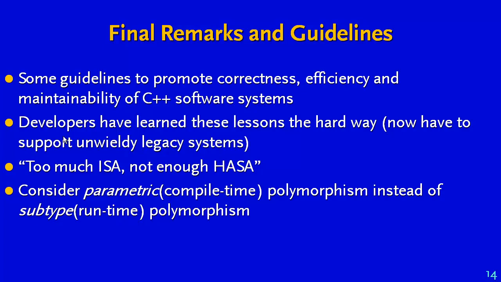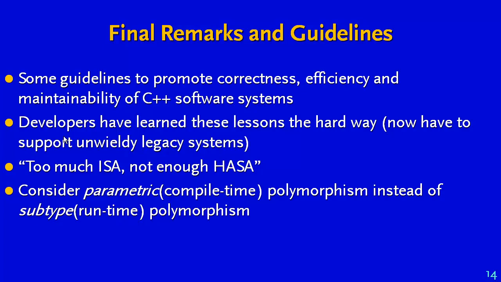Final remarks. We give some things to watch out for, basically. Some guidelines to promote the correctness of the code, the efficiency and the maintainability of these software systems. Many developers have learned all of this the hard way. In the 1980s and 90s, object-oriented was the new religion, let's say, and everybody was an object-oriented guru or programmer, and it went a bit overboard.